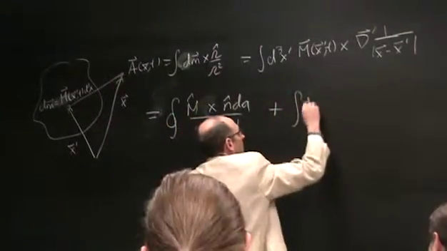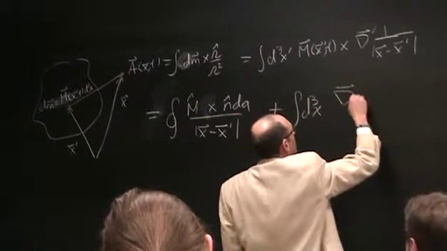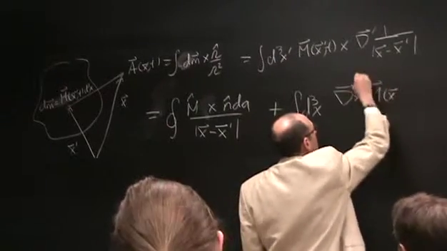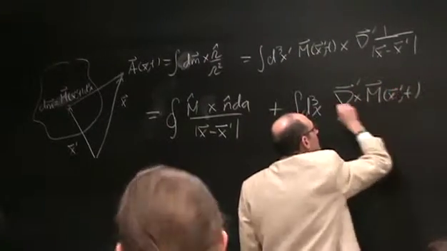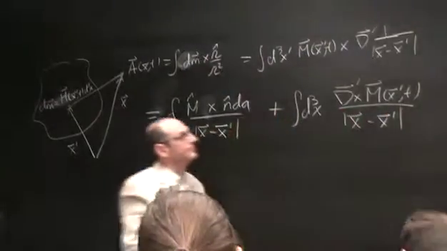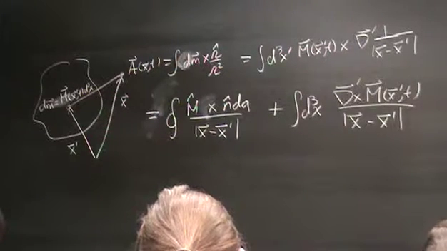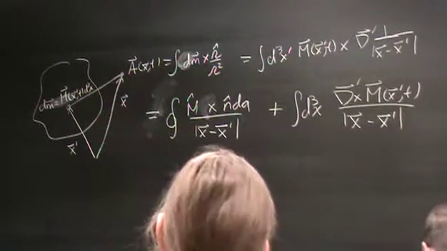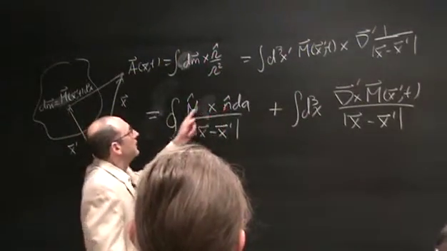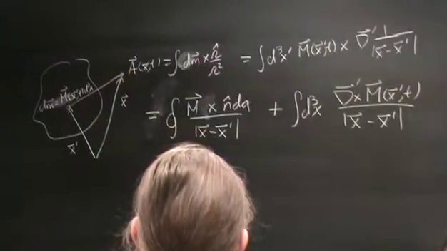Plus a volume term. That's the curl of the magnetization. The M vector on the left. Where is it? This guy? The big M. Shouldn't it be a vector? That's a vector, yes, thanks.